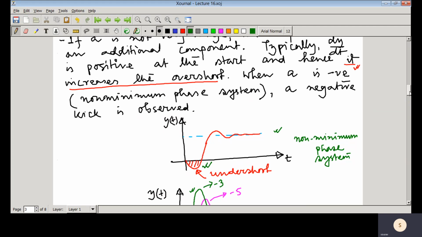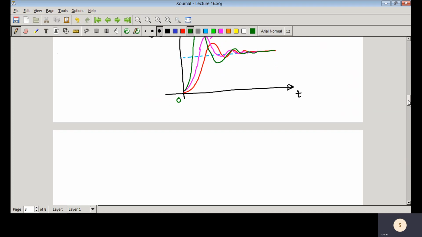So now we will start a topic called steady state error, and we have discussed something in the beginning of this course, but now we will be discussing it in detail. That means whenever you have a closed loop control system, and you apply a command input, your objective is to get the output response exactly the same as the command signal that you have applied.